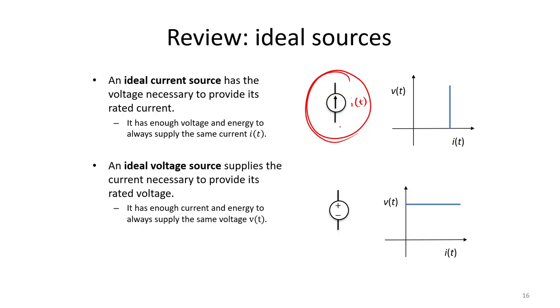Of course, we know that in real life, real current sources can only provide so much voltage and so much energy before they max out. Similarly, an ideal voltage source supplies enough current so that it will always provide the same voltage. So it will always have enough energy. It will always be able to provide enough current to give you that voltage V of t.